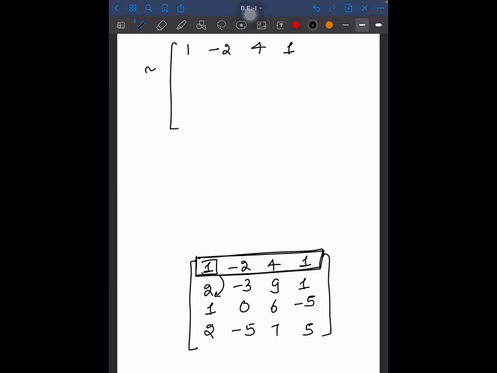So this will be 0. Multiply it by 2, that is 4. You subtract it, plus 4, this will become 1. And similarly 8, this will become 1. Similarly, this will be 2, that will be -1. Simply subtract 2, 2, and here -6.